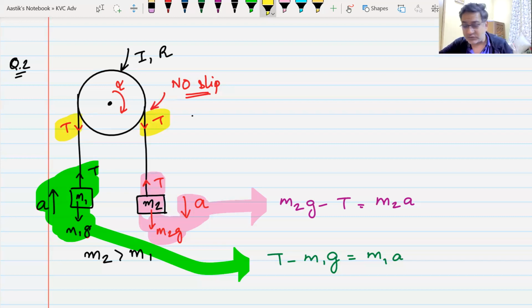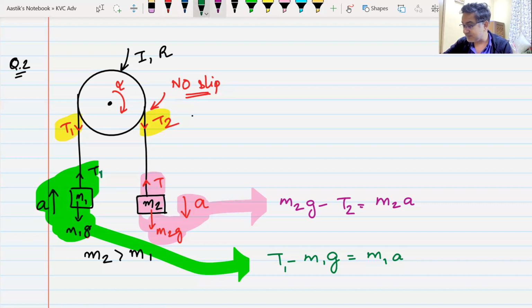But here the pulley has to rotate because there is friction, and therefore, my dear friends, the tensions are different. So this becomes T2 and this becomes T1. So this becomes M2G minus T2 and this becomes T1 minus M1G.